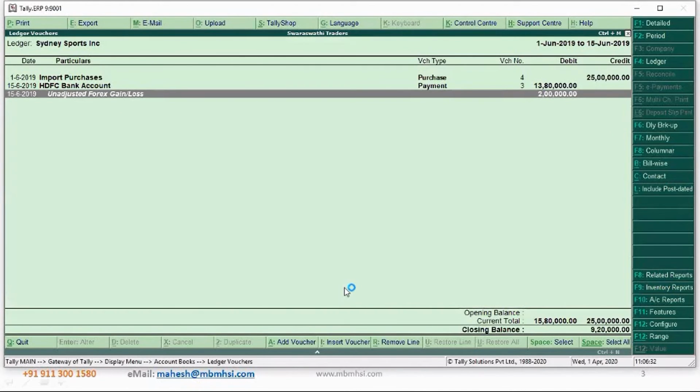So our purchase value was 1 lakh Australian dollars, and our last partial payment was done at 23 rupees per Australian dollar. So the difference is 2 rupees and our purchase value was 1 lakh. So 1 lakh into 2 rupees, 2 lakh rupees, is as simple as that.